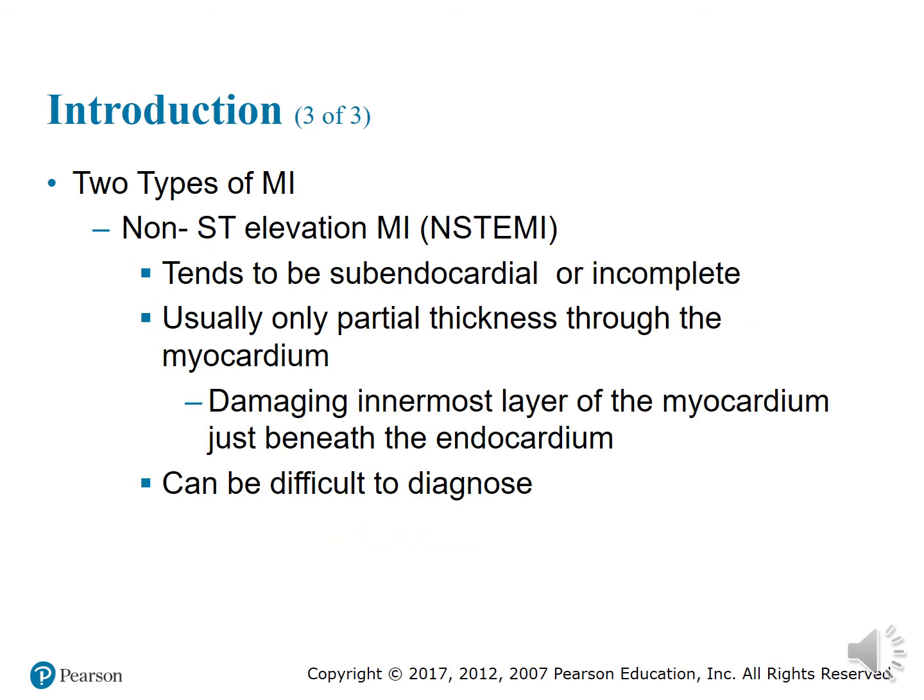You have 2 types of MI. You have the non-ST elevation MI, which is the NSTEMI, which tends to be subendocardial or incomplete, usually partial thickness through the myocardium, damaging the innermost layer of the myocardium just beneath the endocardium, and can be difficult to diagnose.